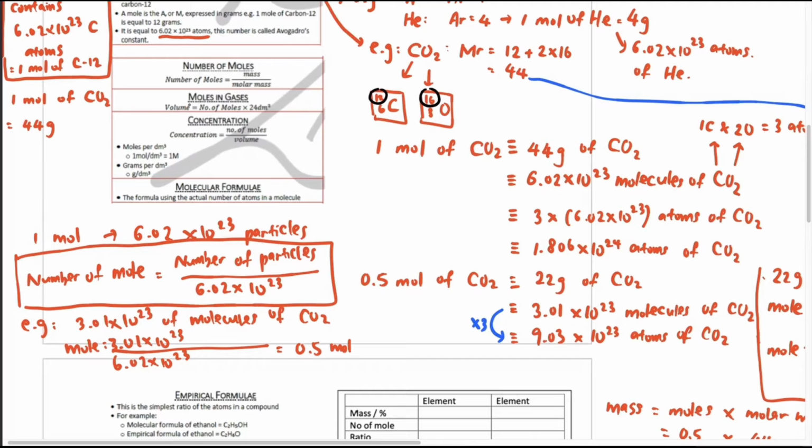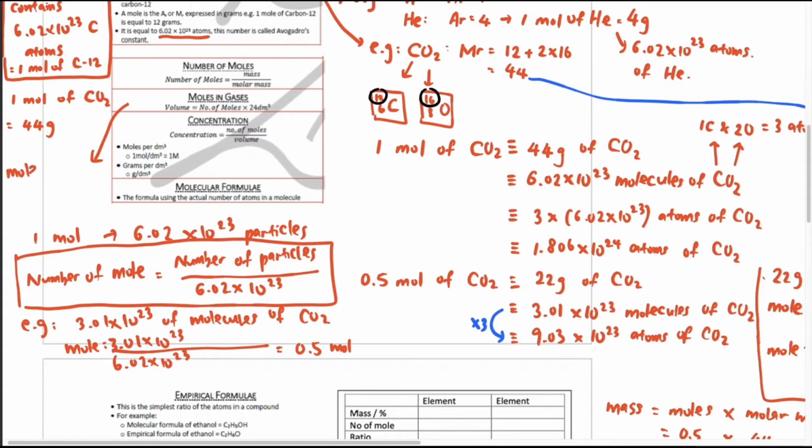Okay, then we have moles in gases. There is another formula here where they give it in this way: volume equals number of mole times 24. I prefer to put it this way because our topic here is the mole.